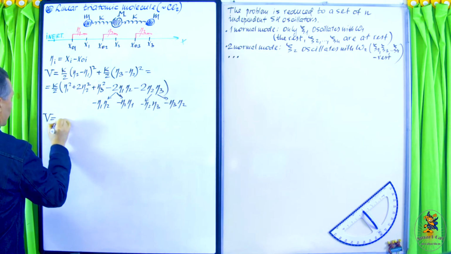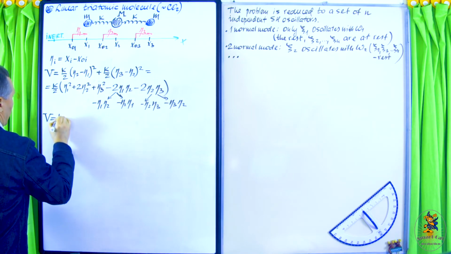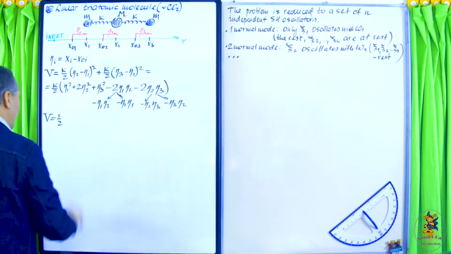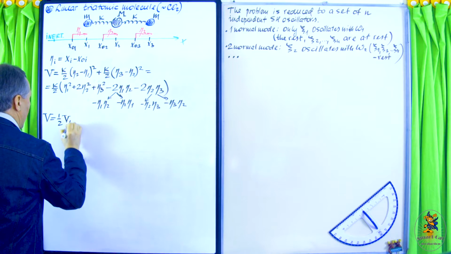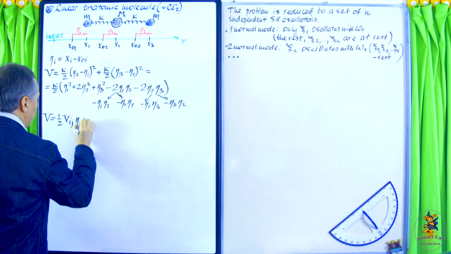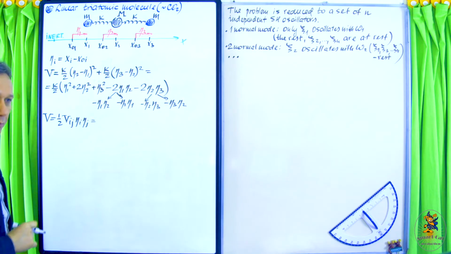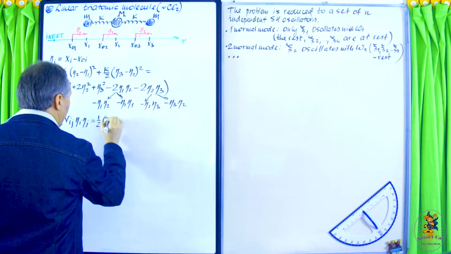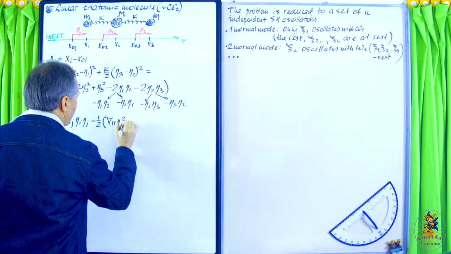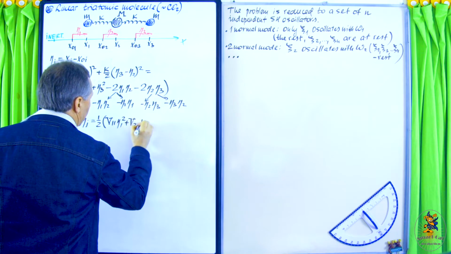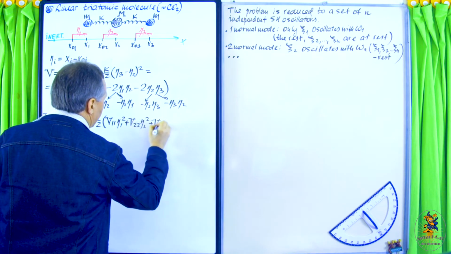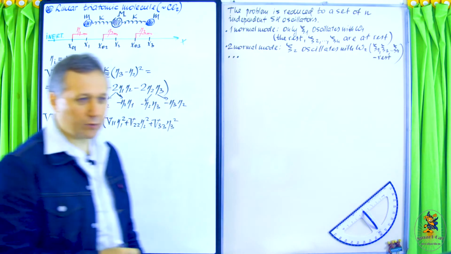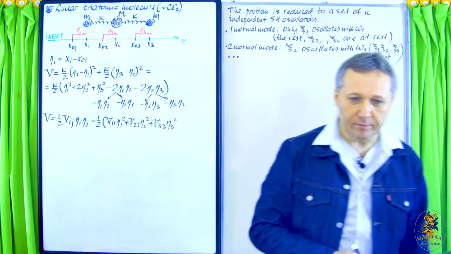So V is 1 over 2 summation V_ij eta_i eta_j, and I can write all possible terms. 1 over 2 I keep outside, and it will be V11 eta 1 squared plus V22 eta 2 squared plus V33 eta 3 squared. There will be 9 terms in total, a 3 by 3 matrix.